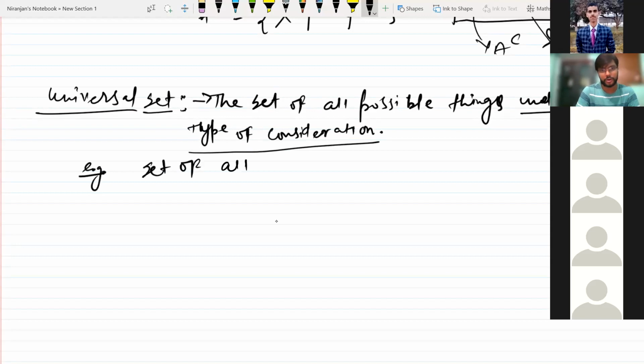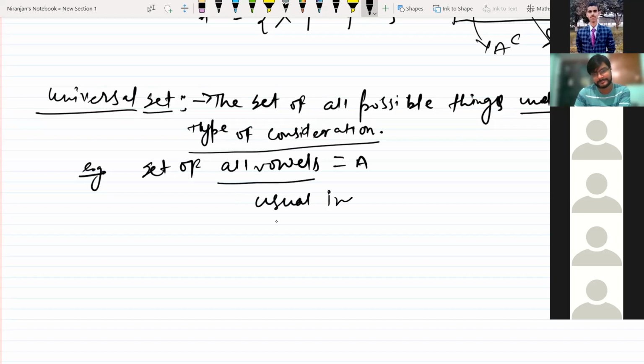Set of all vowels. This is a set. Now, the usual implication when I say vowels is that you think of the English alphabet. Or did you think of the Korean language? How many vowels are in the Korean language, does anybody know? I guess the total number of letters in the Korean language is 40, and the total number of vowels is, I guess, 19.